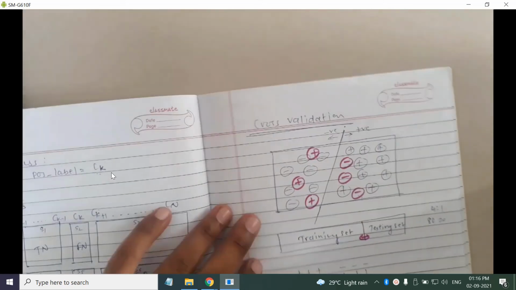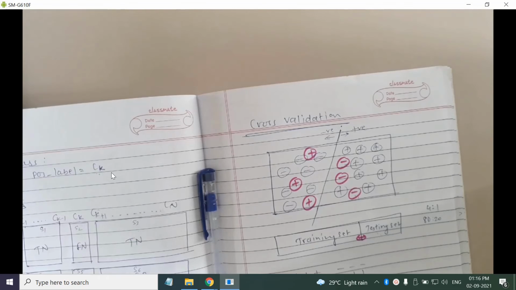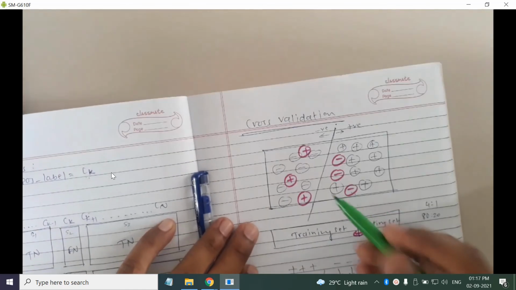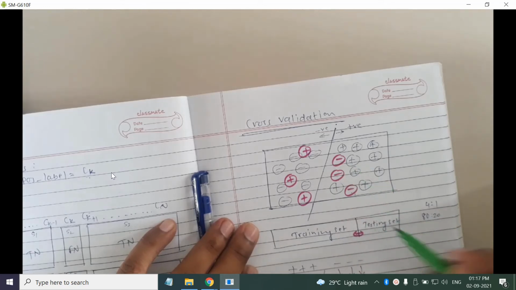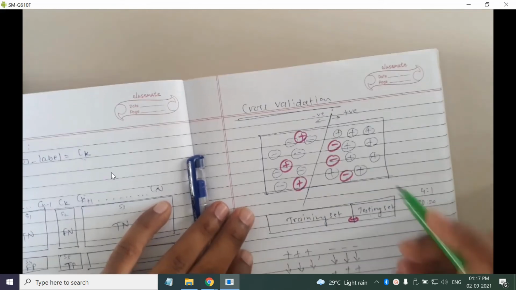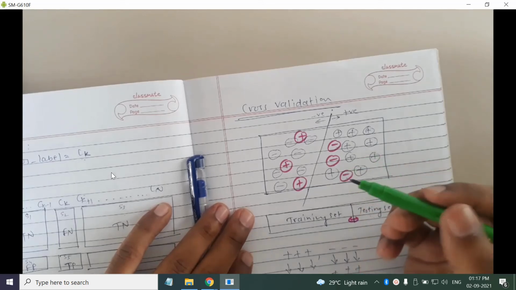But what if my training examples are, now I am considering the second case. Case 1 is over. Now consider case 2. Now my training set is represented by this green line.